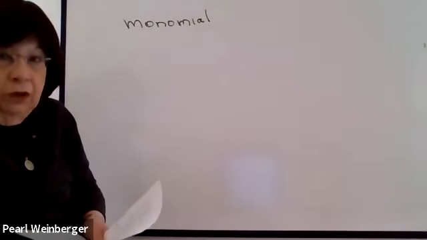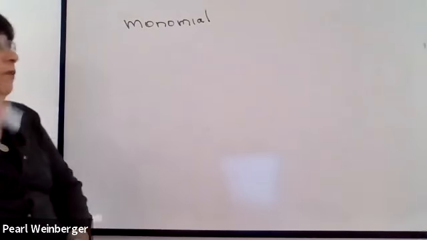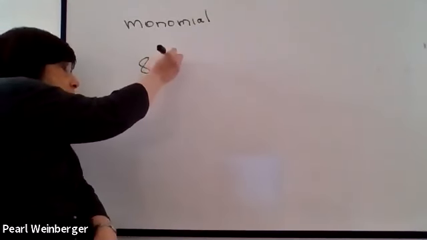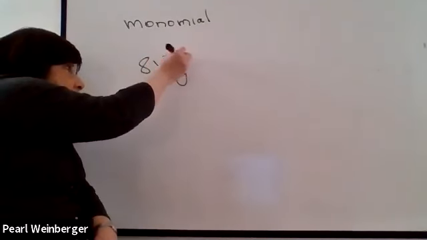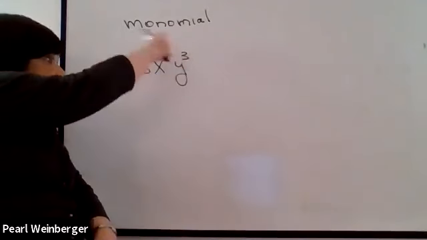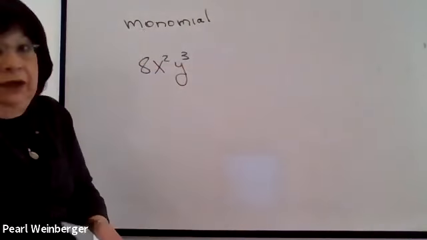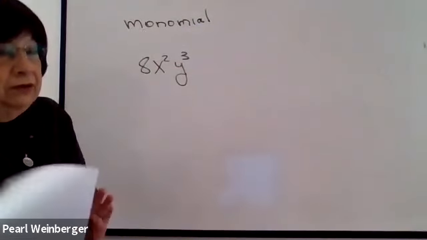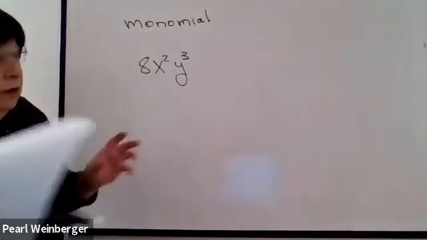And therefore, if I write something like 8x squared y to the third, this is really a single number in algebra. So the letters included are part of the number.